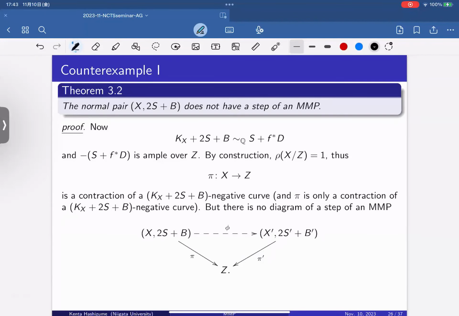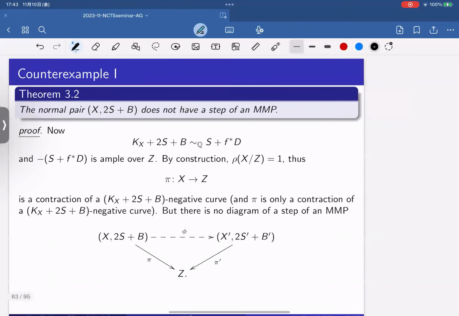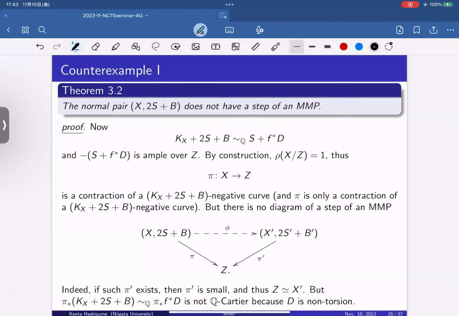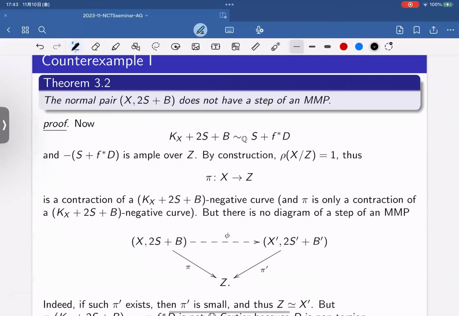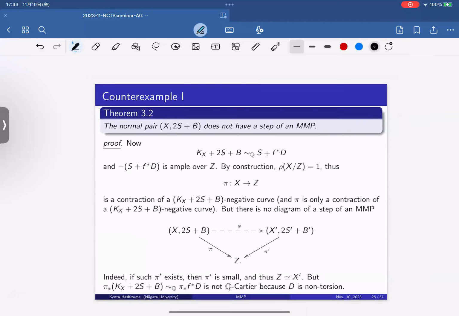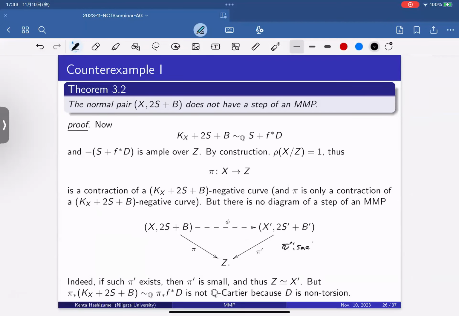However, there is no diagram over MMP. Indeed, if such a diagram exists, then phi prime is small. So X prime is isomorphic to Z because X prime and Z are surfaces.